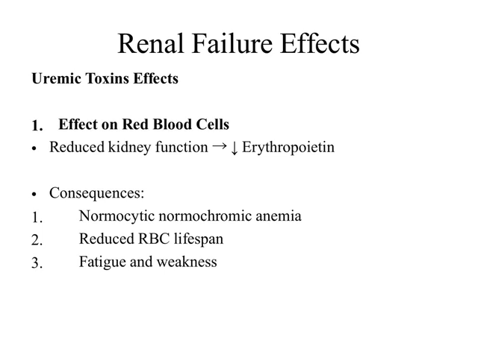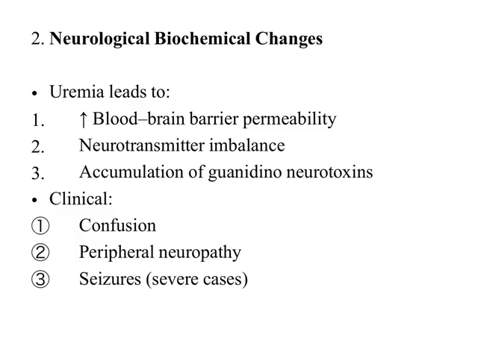Uremic toxin effects. Effect on the red blood cells. Reduced kidney function decreases erythropoietin. Consequences: normocytic normochromic anemia, reduced RBC lifespan, fatigue, and weakness.